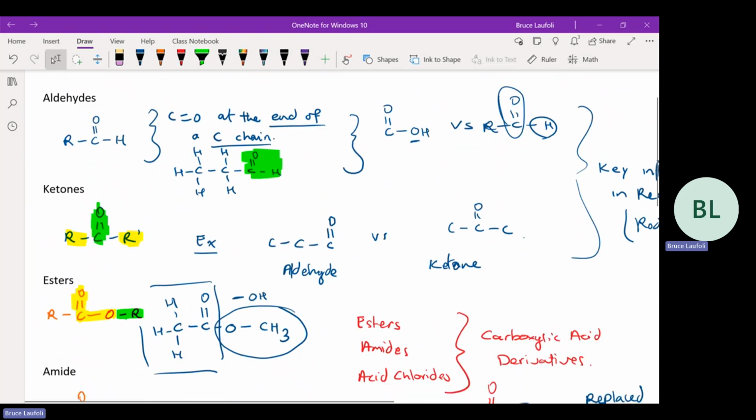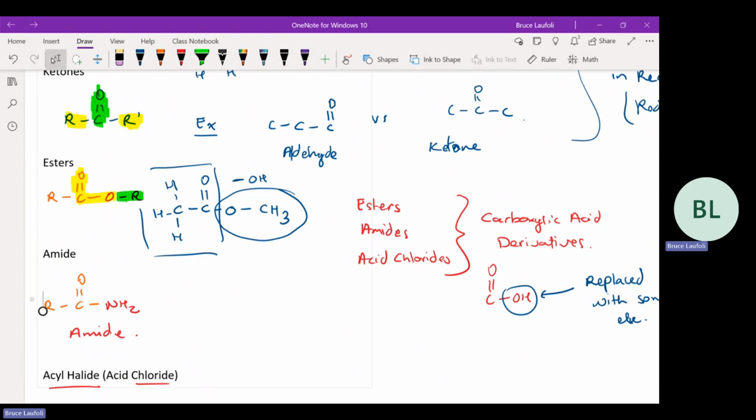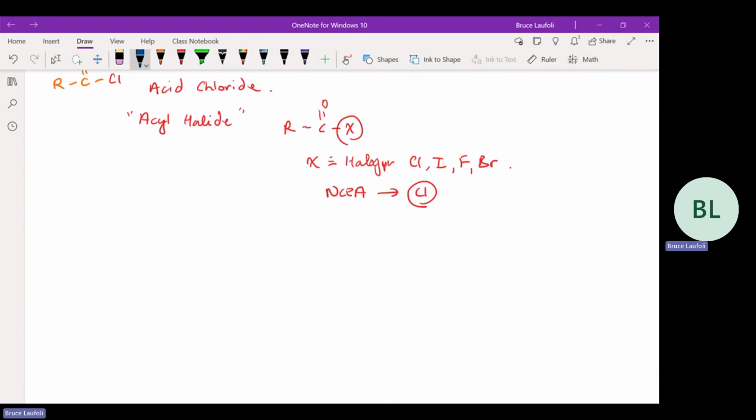It's all revolved around this idea of C double bond O. So if we go over here, just to recap, level 3 functional groups all revolve around C double bond O structures.